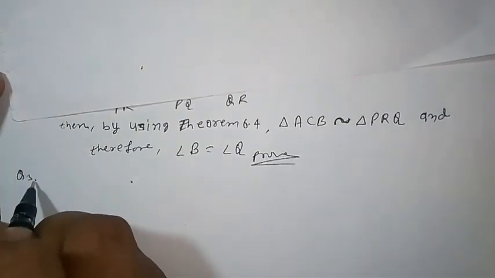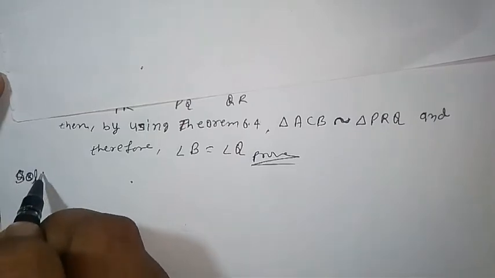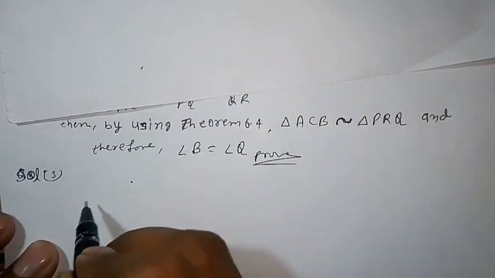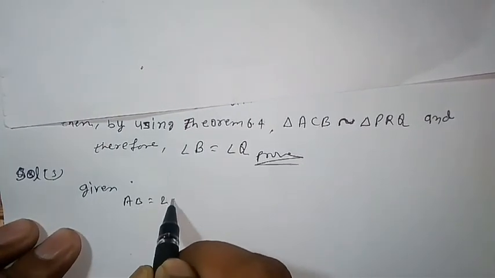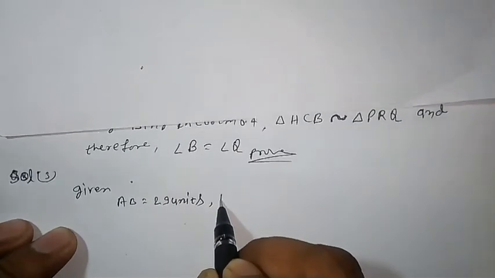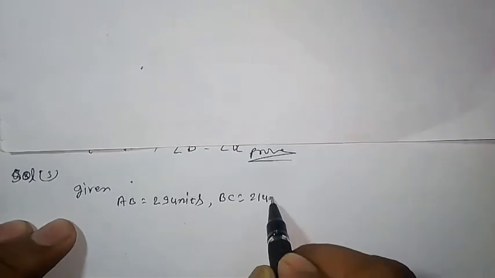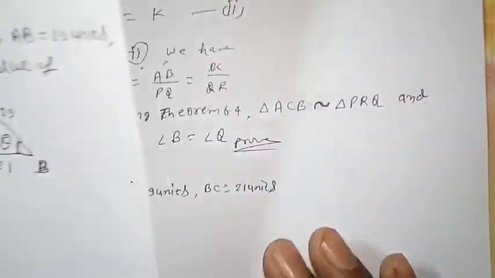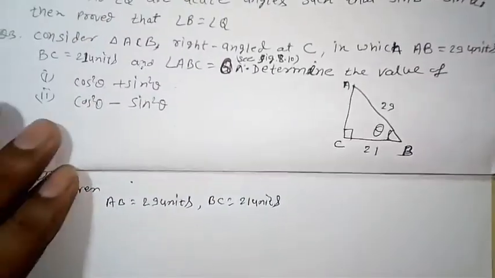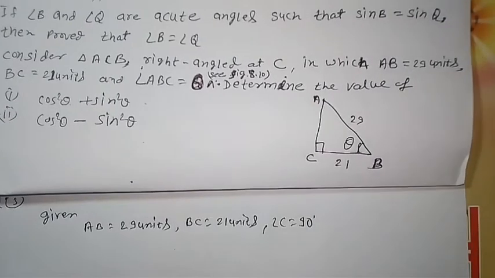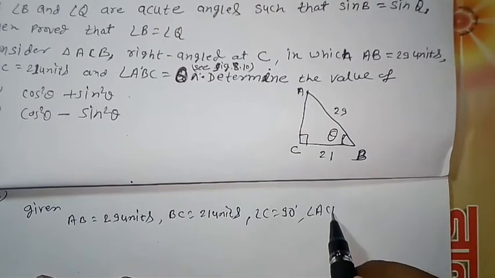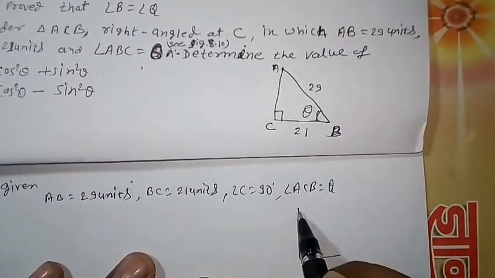Now question number 3. Solution 3. Given AB is equal to 29 units, BC is equal to 21 units, angle C is equal to 90 degrees, angle ACB is equal to theta according to this figure.